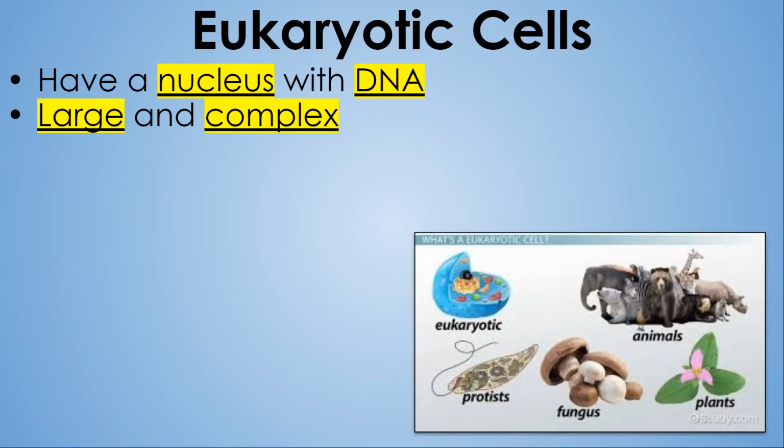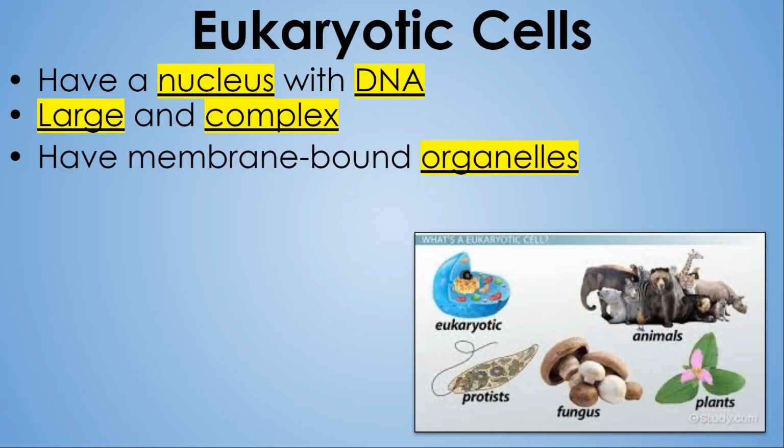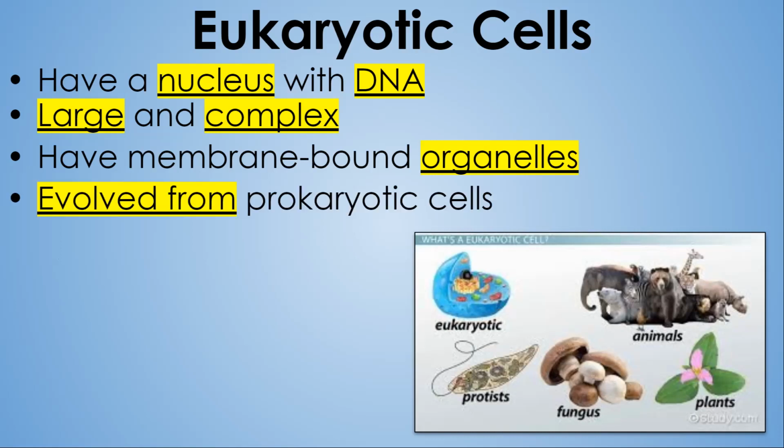So they're going to be large and complex, 10 times larger than the prokaryotic cells. And they do have membrane-bound organelles. They're going to have all kinds of membrane-bound organelles. They're going to have a mitochondria, endoplasmic reticulum, Golgi apparatuses, vacuoles, and lysosomes. So lots of different membrane-bound organelles.